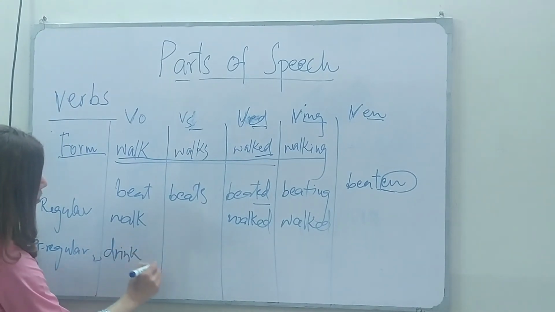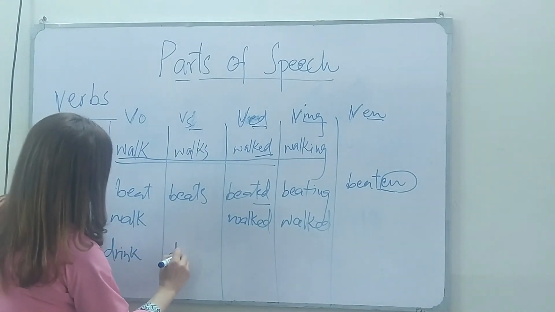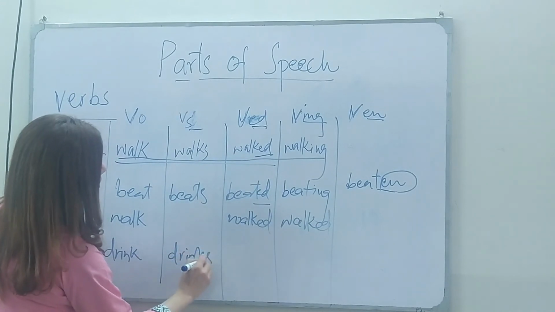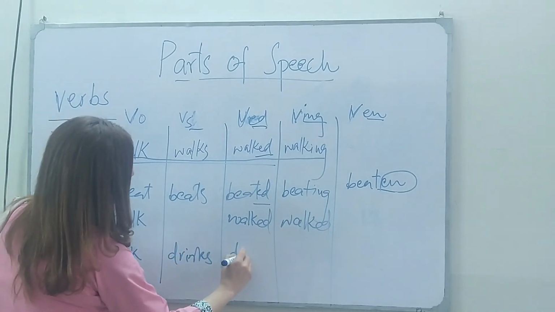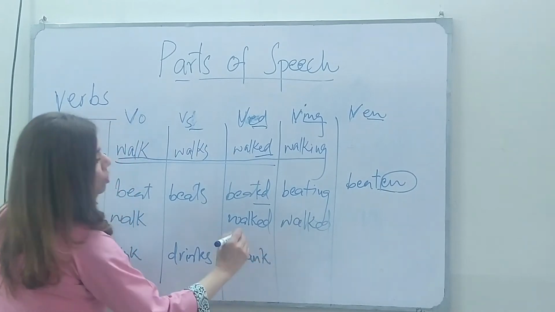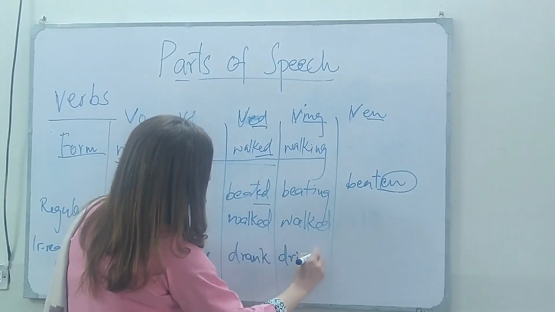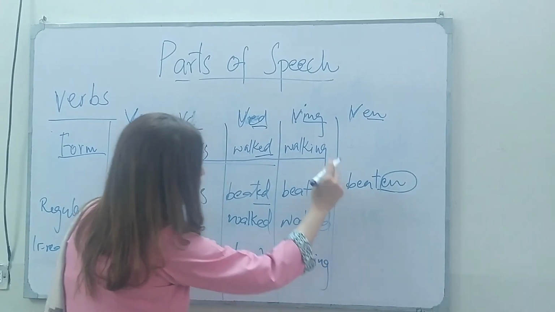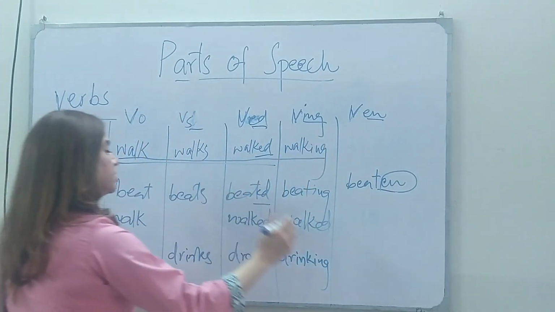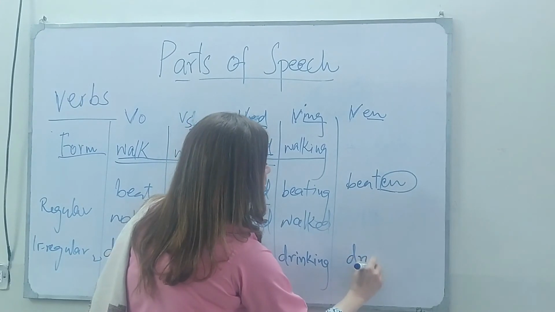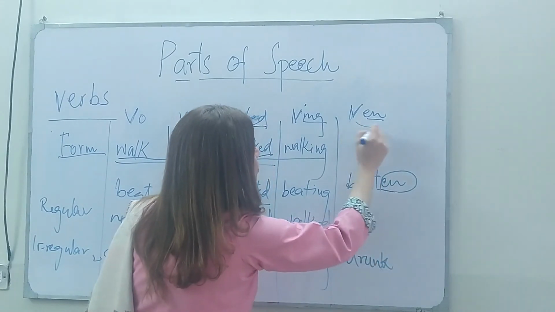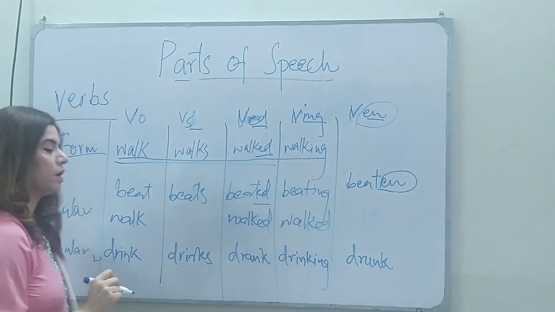drink. For present simple, it's drinks. For past, it's drank. For ing, it's drinking. And for the en form it is drunk. Look, we have not used en over here.